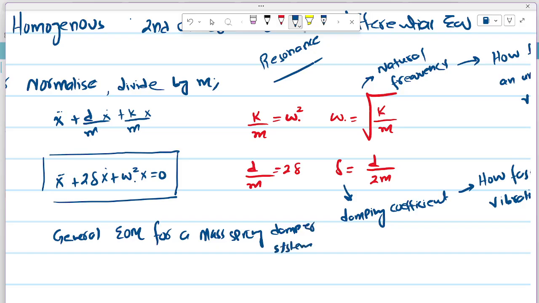Or, to elaborate further, a single degree of freedom mass spring damper system, because we are studying only the x direction.